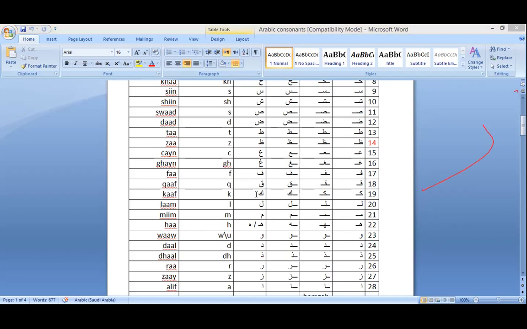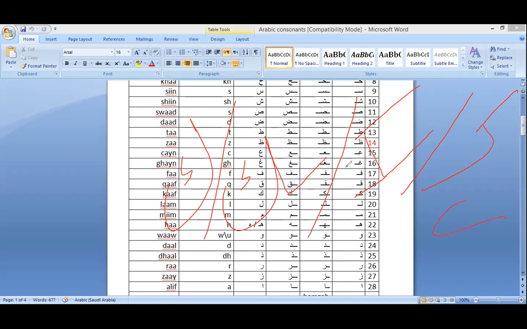This is Ka initial. This is Ka in the middle. This is Ka final, and this is Ka isolated. So we have these two shapes, and there are these two shapes. Ka initial, this is how we write, and Ka middle.